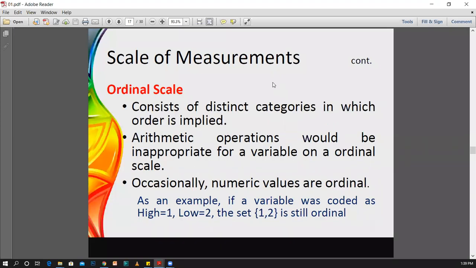The second scale of measurement is the ordinal scale. In the nominal scale, there was no logical order. But once you come to the ordinal scale, it also consists of categories, but there is an order there. Think about rating a book.